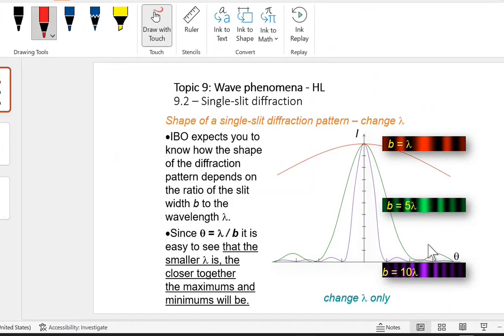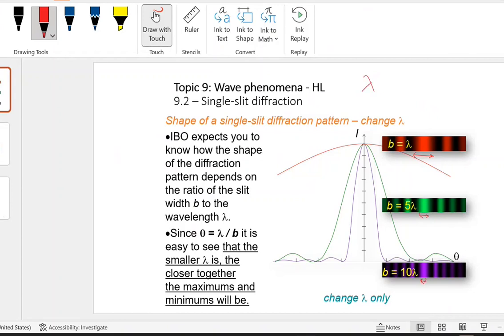So for red, since lambda is greater, the distance between the fringes also will be wider. If I use green, the distance will start to decrease. If I use purple or blue, the distance also will decrease because lambda is less.